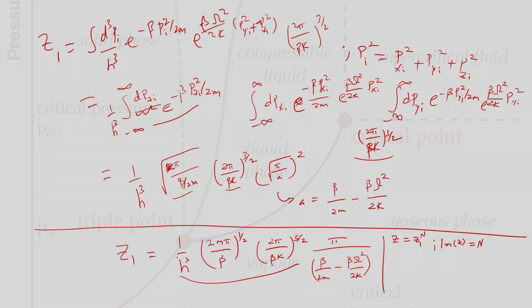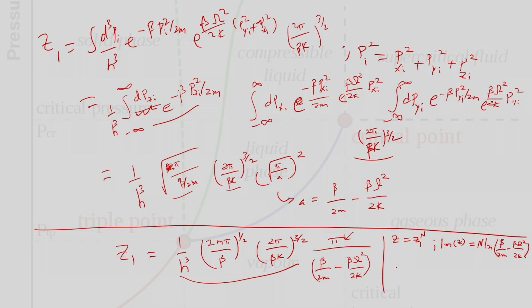If I take the log, I will get a whole bunch of things which do not depend on omega. So I only have to worry about things which do depend on omega. So I am going to even ignore this pi there. It dimensionally does not make sense, but since I am only interested in the derivative with respect to omega, it is okay. So 2m minus beta omega squared over 2 kappa.